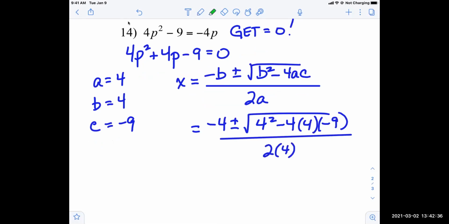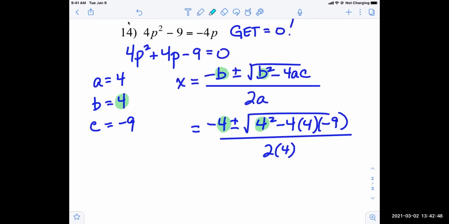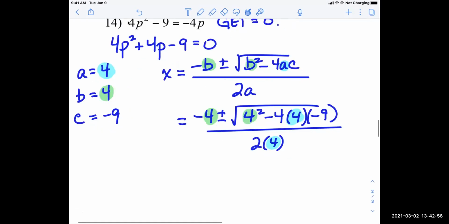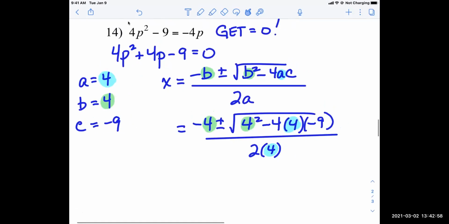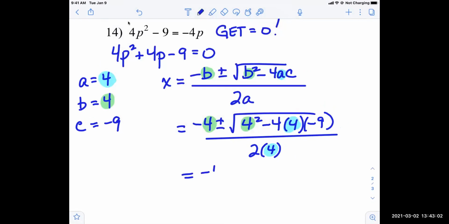Now, here's B and B. So this 4 and that 4 are B. The 4 here and the 4 here are A. I wouldn't normally do an example where you've got the same number repeated. It makes it hard to follow. Okay. Michael, can you tell me underneath the radical what we should do?